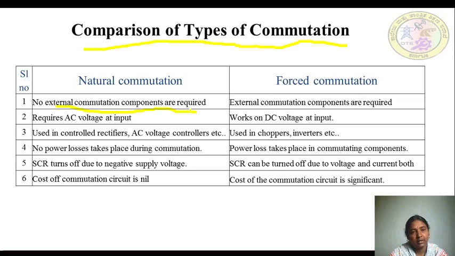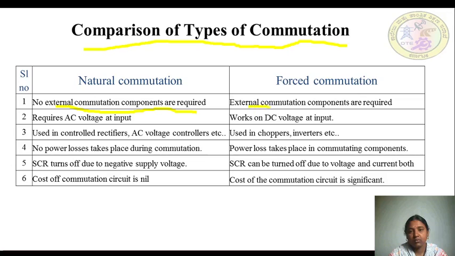Periodically or automatically, current and voltage will go positive, 0, negative, 0, positive. So the cycle keeps repeating. So no external commutation components are required to turn off the SCR. So SCR is turned off automatically every half cycle.